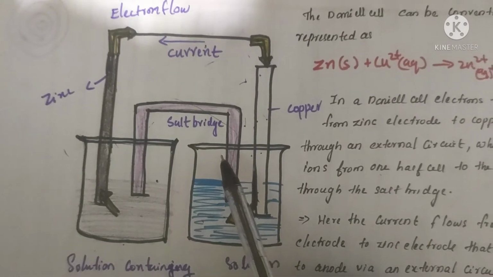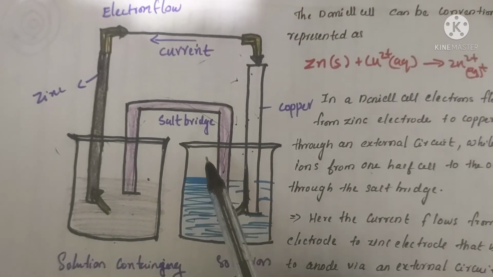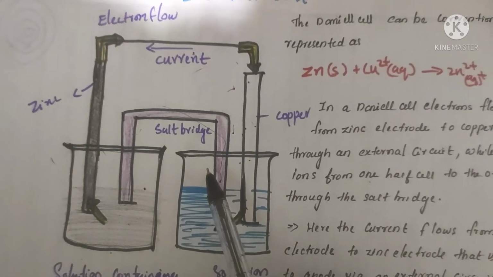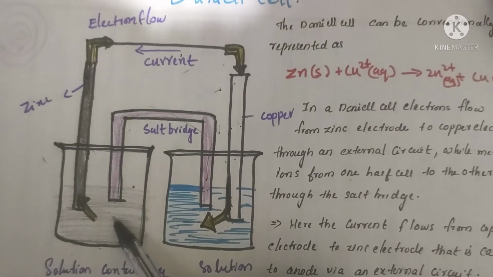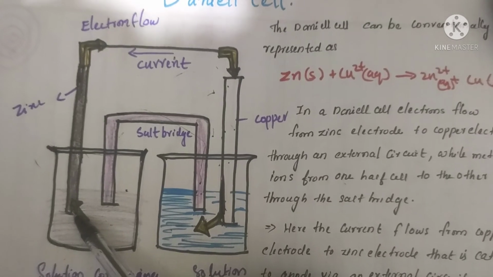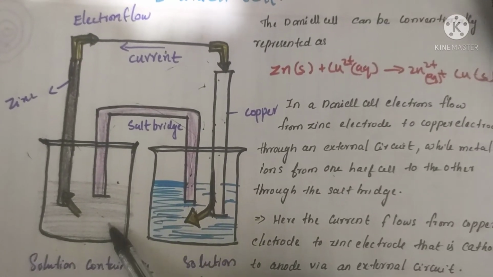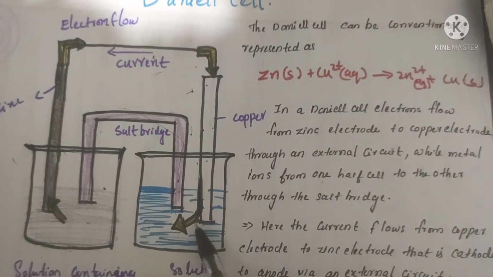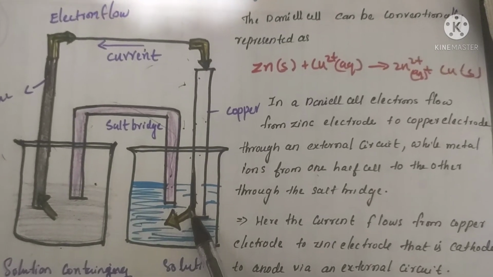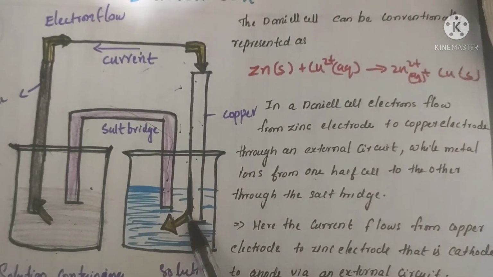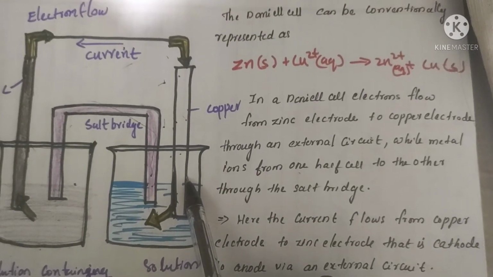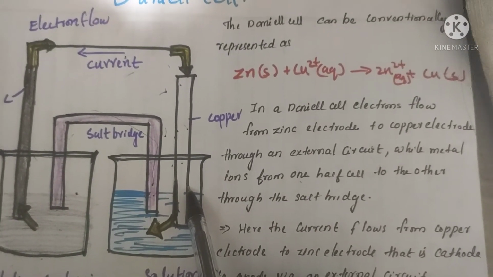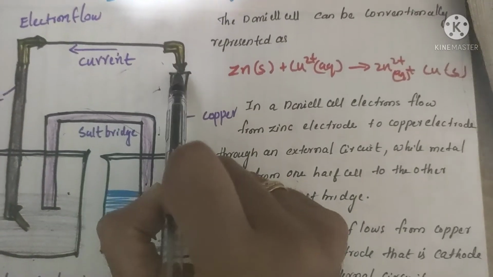Daniell cell is a well-known example of an electrochemical cell or galvanic cell. It consists of a zinc rod dipped in zinc sulfate solution and a copper rod dipped in copper sulfate solution. These rods act as electrodes and they are connected by a conducting wire.